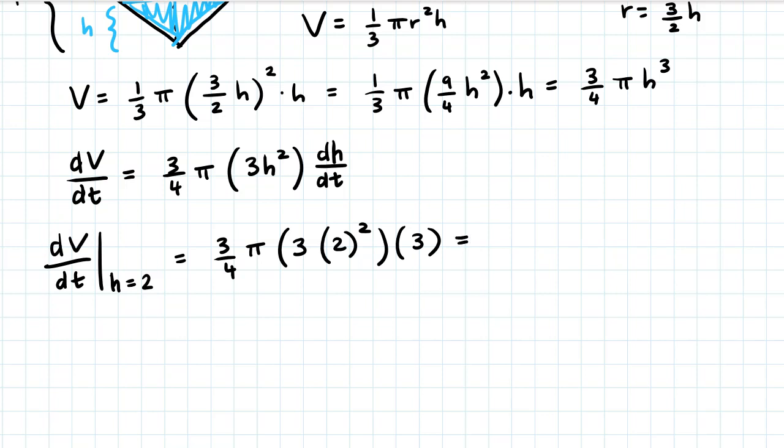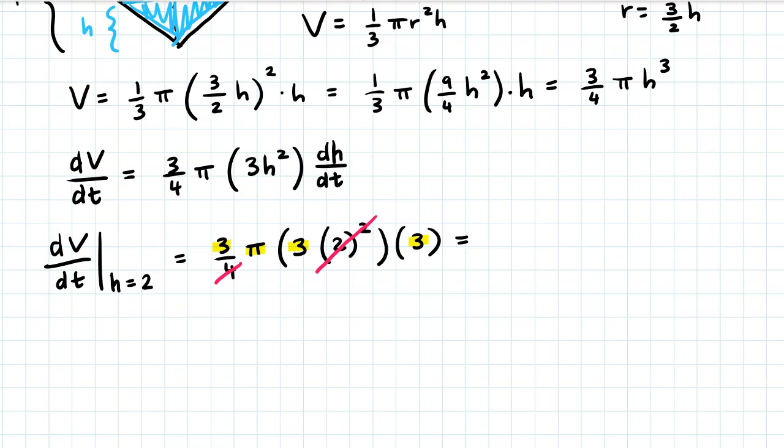Okay, so let's get this simplified. I have 2 squared, which is 4, and I have a 4 in the denominator, so that 4 and this 4 should cancel out. Now you can see that we are left with 3 times pi times 3 times 3.